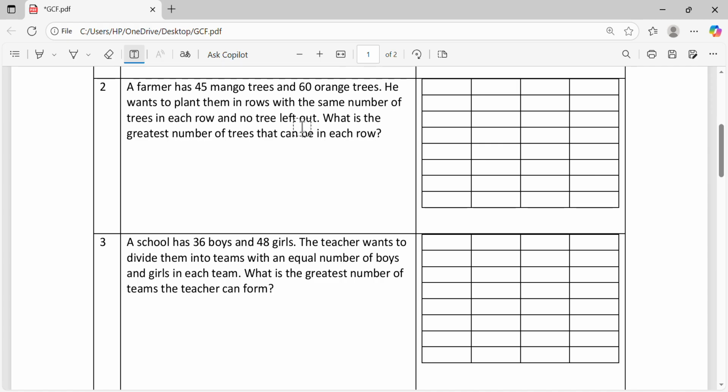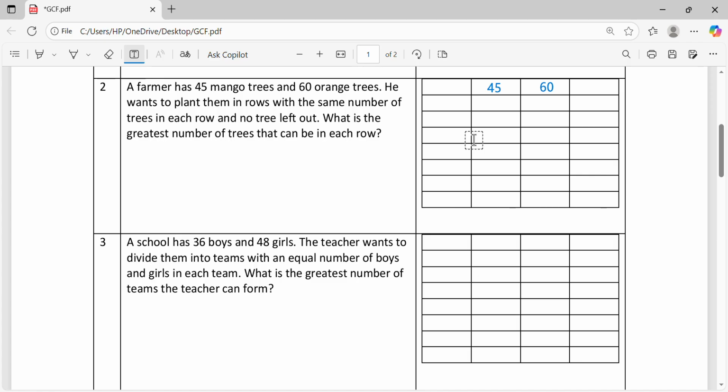We still use the same method, the table method, 45 and then 60. We can as well put 2 for 60, but 2 cannot work to 45.